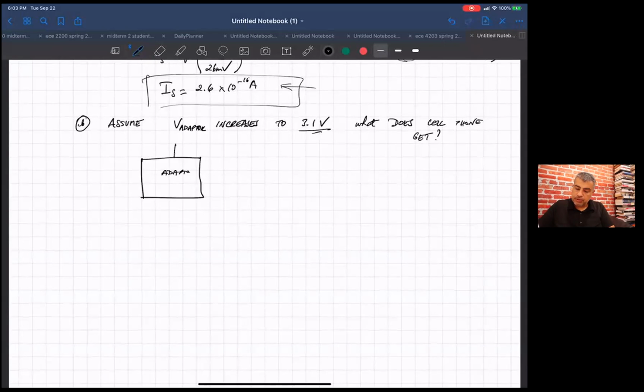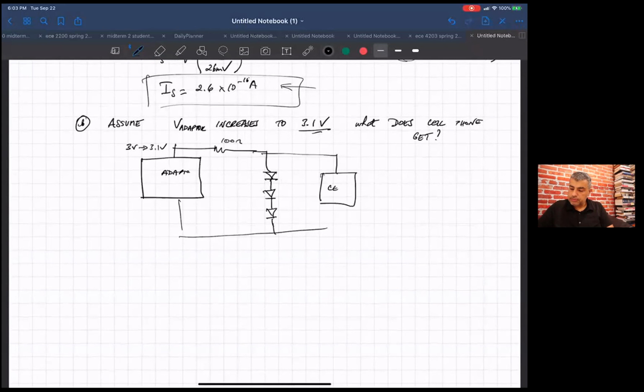This guy went from 3 volts to 3.1 volts. We had a 100 ohm resistor and we had 3 diodes, and we had the cell phone. Now the question is, what's this voltage?